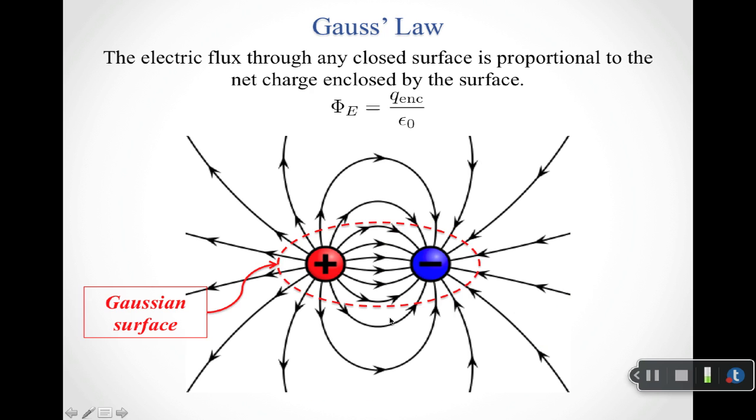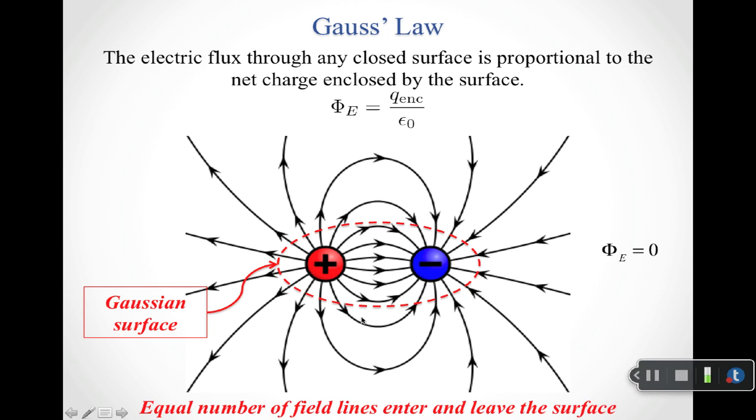And then if I happen to pick a Gaussian surface that encloses both, well, now if you think about the charge enclosed, I've got some positive charge, I've got the same amount of negative charge. When I add that together, the net charge enclosed within my Gaussian surface happens to be 0. And so here's a situation where the electric flux is 0. That means I've got an equal number of field lines entering and leaving the surface. Over on this side, all my field lines are leaving the surface, but there's a field line over here with the same strength, the same relative intensity, entering the surface.